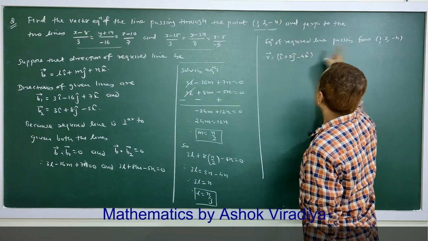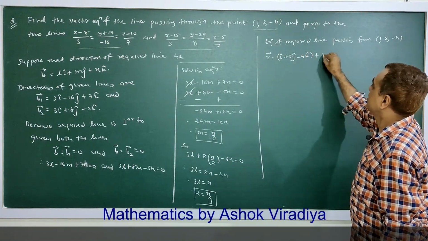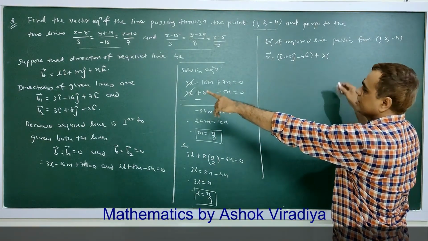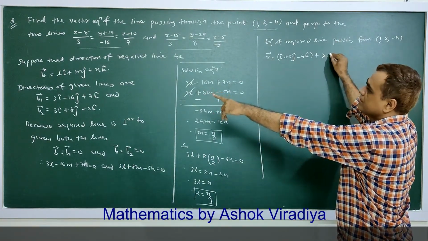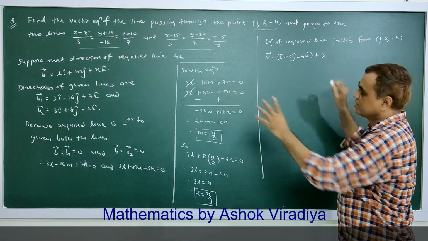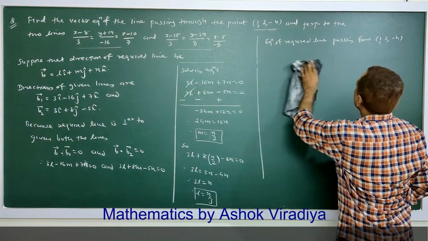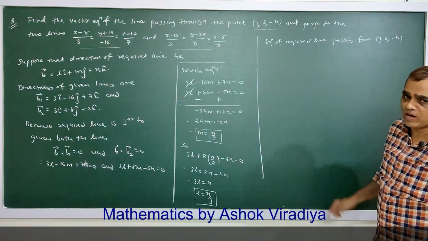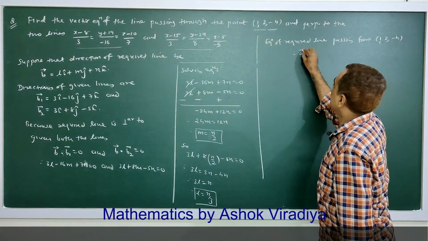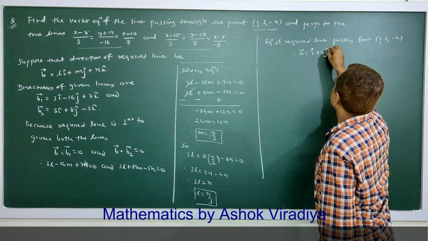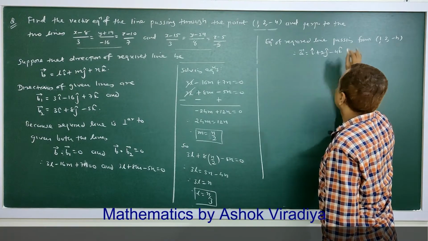This is vector a, plus lambda times, say here, vector b. The equation of required line passing through 1, 2, minus 4. So vector a is 1i plus 2j minus 4k.